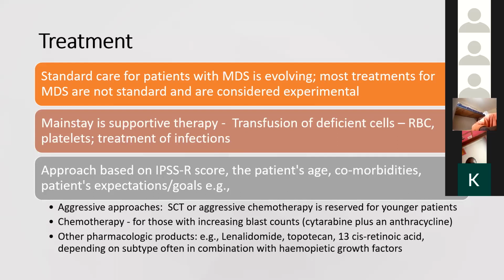We have others, topotecan, 13-cis-retinoic acid, etc. These can be given depending on the subtype and in combination with hemopoietic growth factors like erythropoietin or granulocyte colony stimulating factors, okay? So we are still discovering more and more molecules that seem to have an effect. And that's why I said that treatment is not standard. Many are experimental, trying out different molecules or pharmacologic products to see if we can get better outcomes.